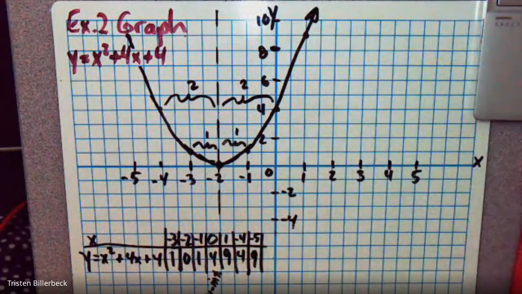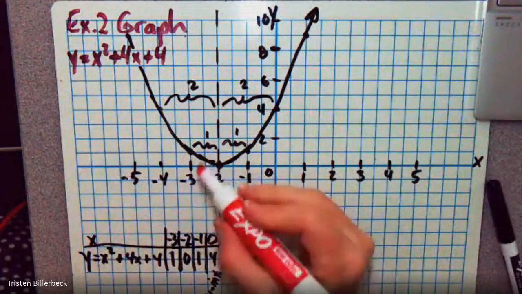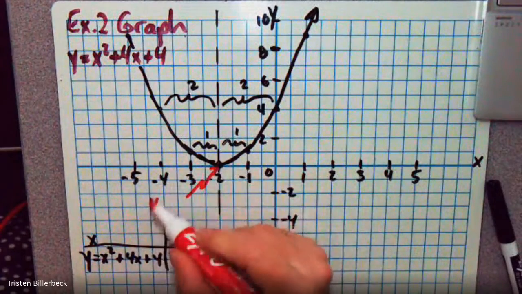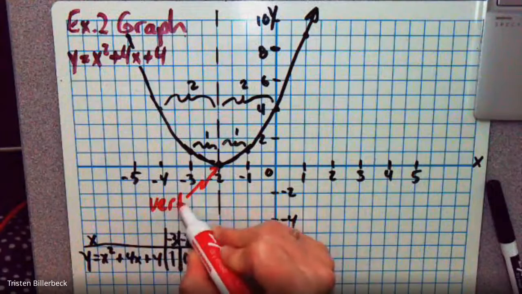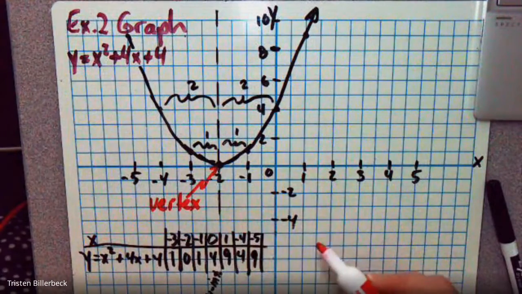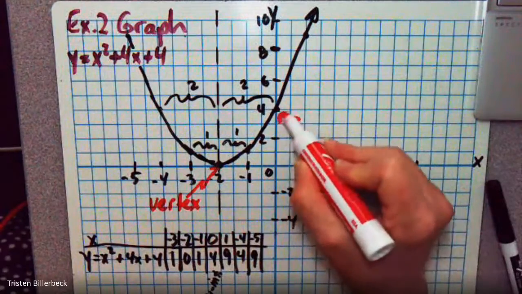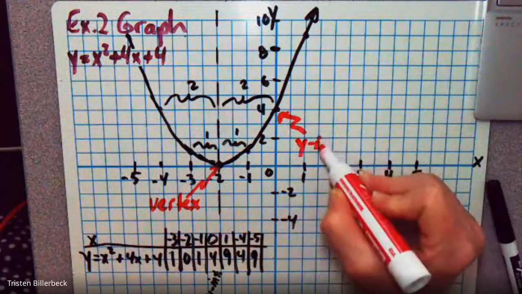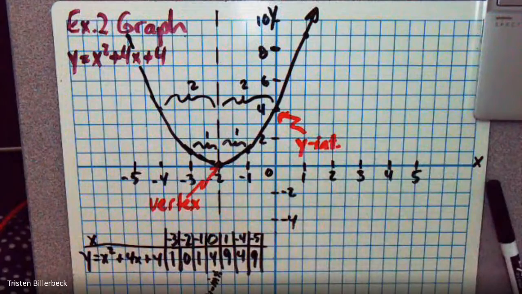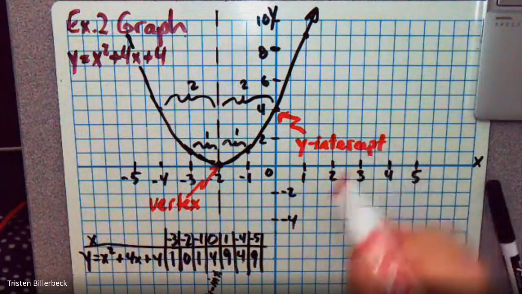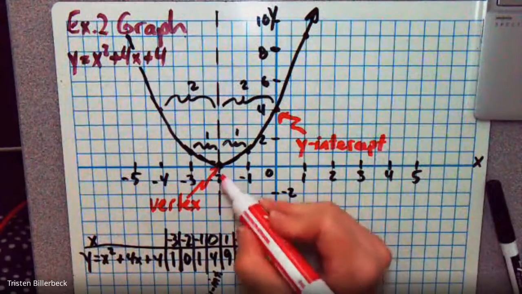Okay. So let's take a look at our points of interest. We have a vertex going through the line of symmetry, like it always does. And then we have a y-intercept, and we have one root.